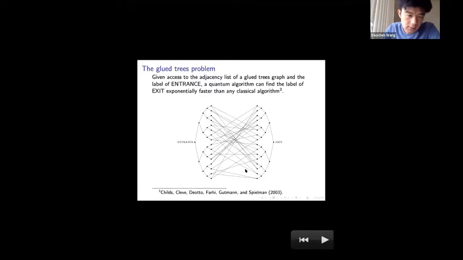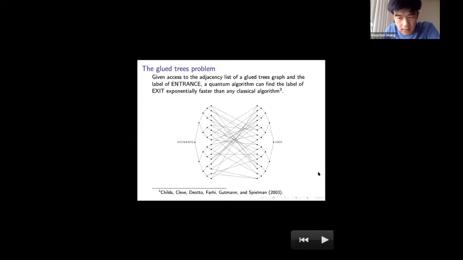A glued trees graph is what is illustrated here. And the problem is to find the label of the exit. It has been known since 2003 that there exists a quantum algorithm that performs exponentially faster than any classical algorithm. However, this problem is not a property testing problem for 3 different reasons.